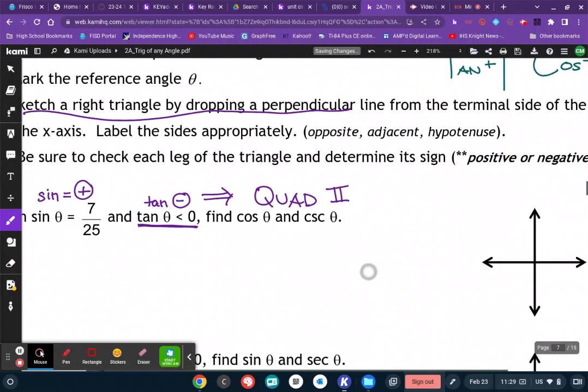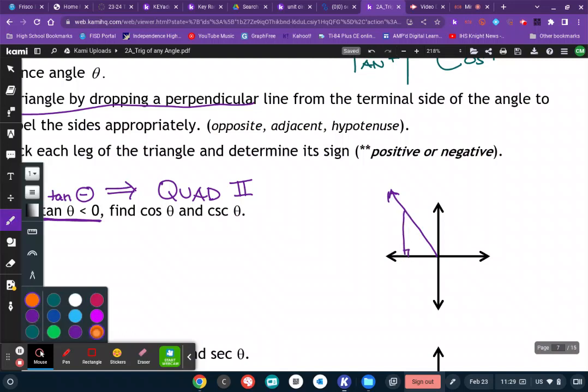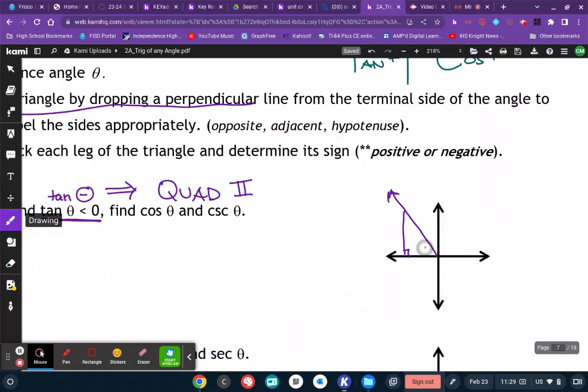So I'm going to go over here to quadrant 2, and I'm going to draw my right triangle, and I'm going to label theta my reference angle. So here I'm dropping the perpendicular. Theta has to be inside here. Theta's touching the x-axis. So I'm able to draw all of that after I determine that I'm in quadrant 2.